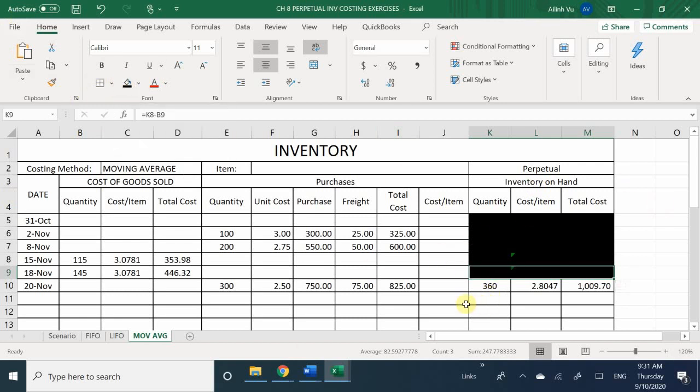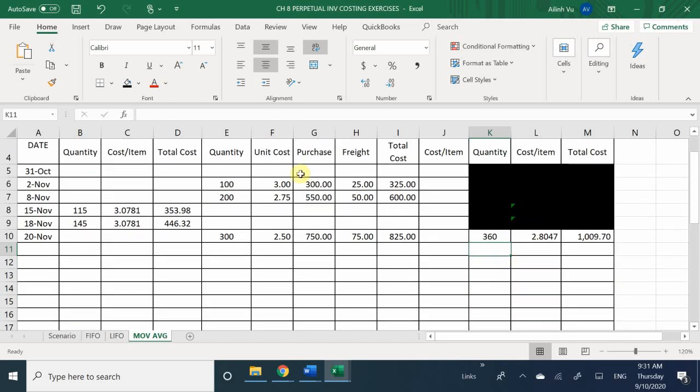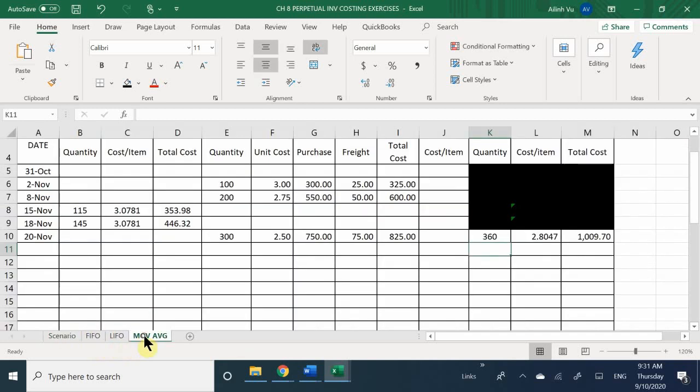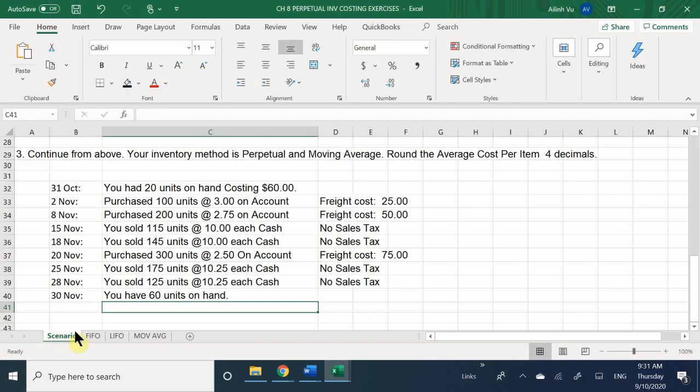Now we're dealing with 360 items at a grand total of 1,009.70. So what has happened on November 25th? We sold 175 units on November 25. Yes.